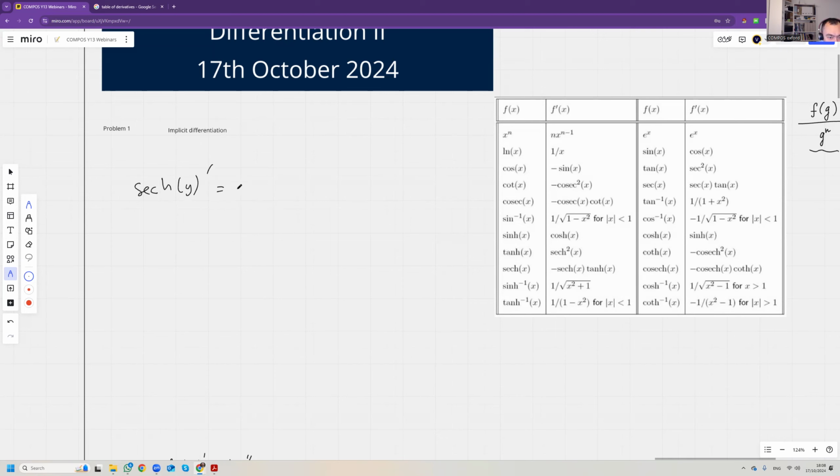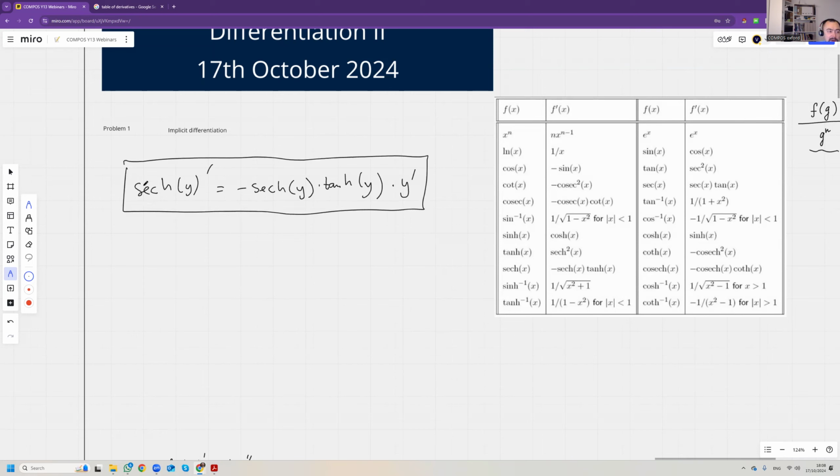The derivative of that is going to be minus hyperbolic sech of y times hyperbolic tanh of y multiplied by y prime. And that's it. So all you need to modify is to add this term at the end, because the term that actually exists is x prime.